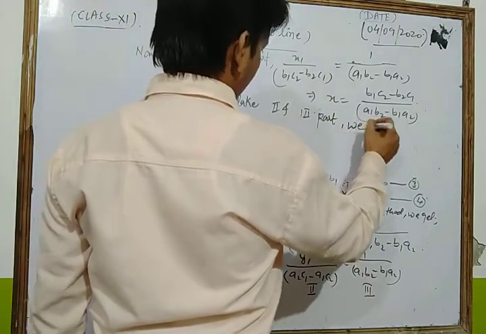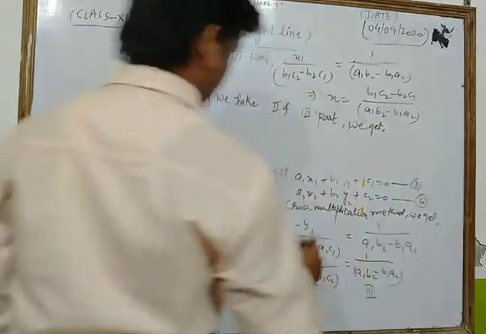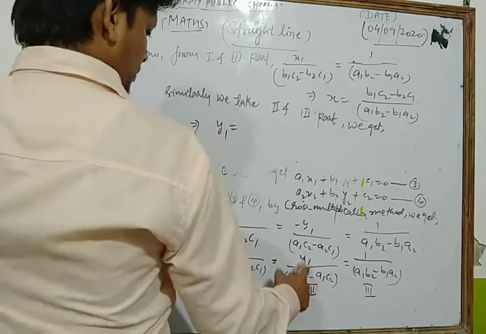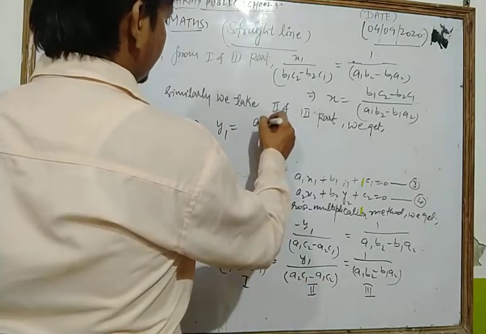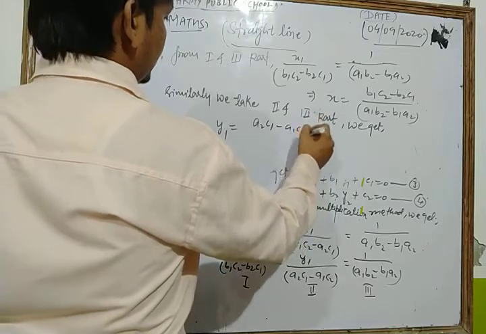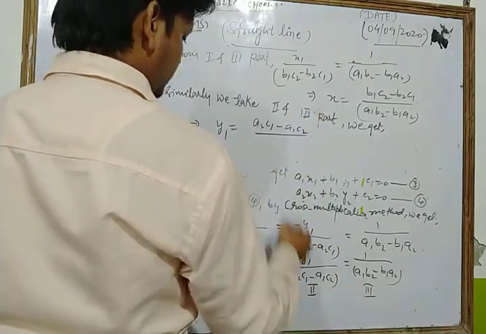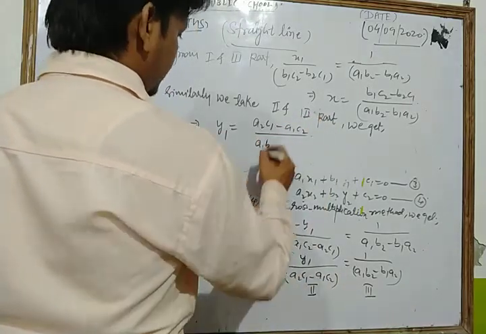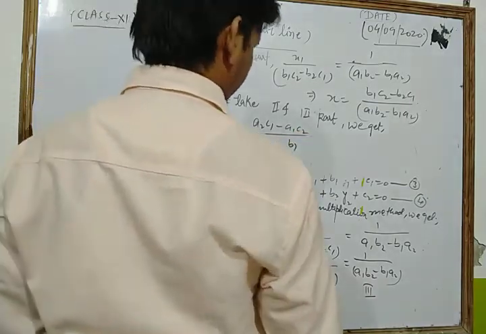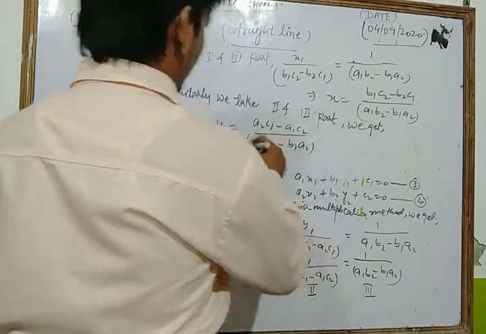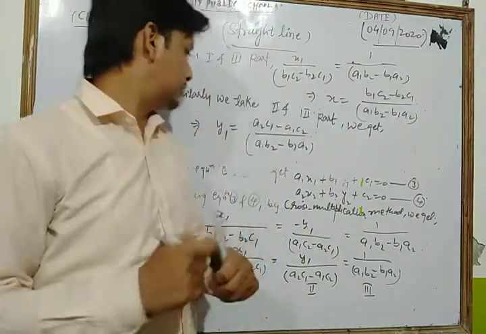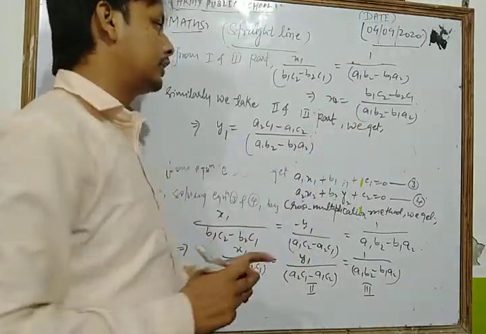We get, if we take the second and third part, then y1 is equal to a2 c1 minus a1 c2 upon a1 b2 minus b1 a2.